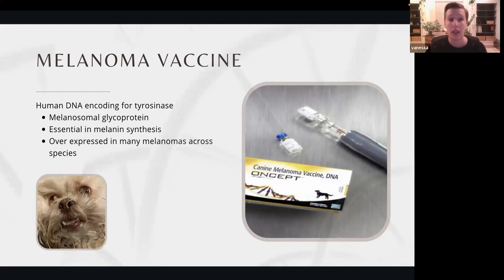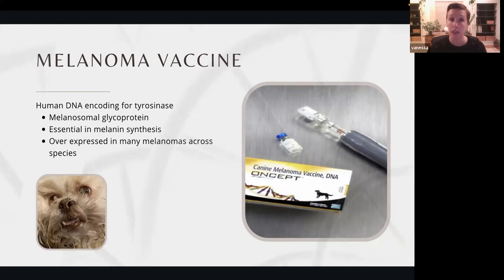So this is human. The melanoma vaccine is human DNA that encodes for tyrosinase. Tyrosinase is just an enzyme that is found in melanocytes, which are the cells that give us our pigment.